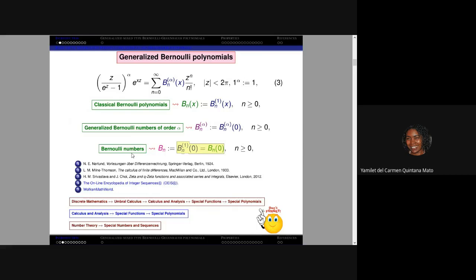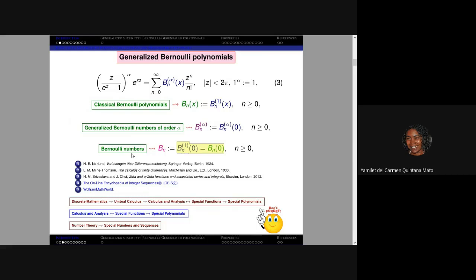Also, the generalized Bernoulli polynomial was studied by Professor Milne-Thomson in 1933. More recently, a brief study on this family was done in the book of Professors Srivastava and Choi.